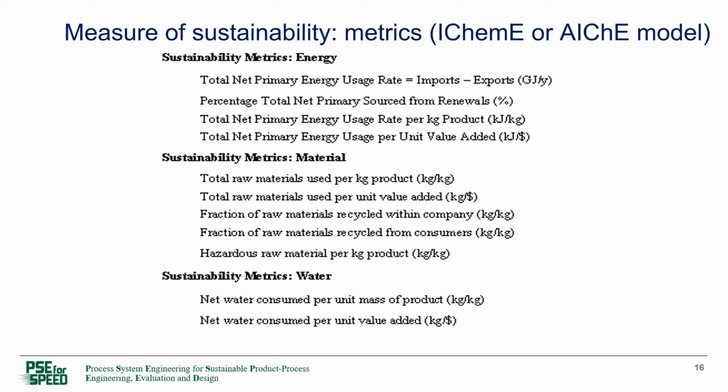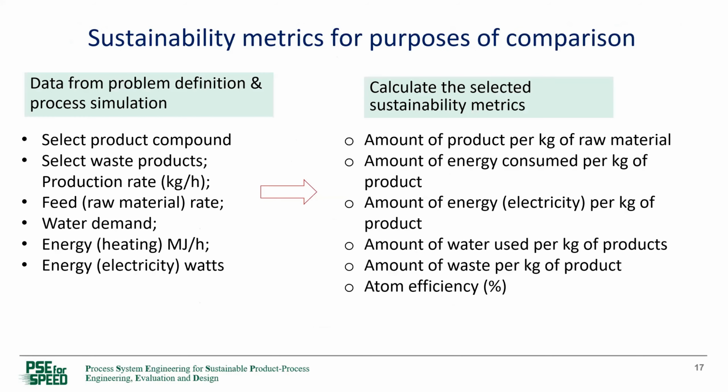And then if we have the simulation results, on the left-hand side column, you can see that when we want to do these calculations, if we have multiple products, we need to say with respect to which product we will show these metrics. If we have multiple wastes, we need to say which is the waste product. We need to identify what is the production rate, kilograms per hour, what is the feed material rate, what is the water demand, what is the energy heating, energy cooling, energy electricity.